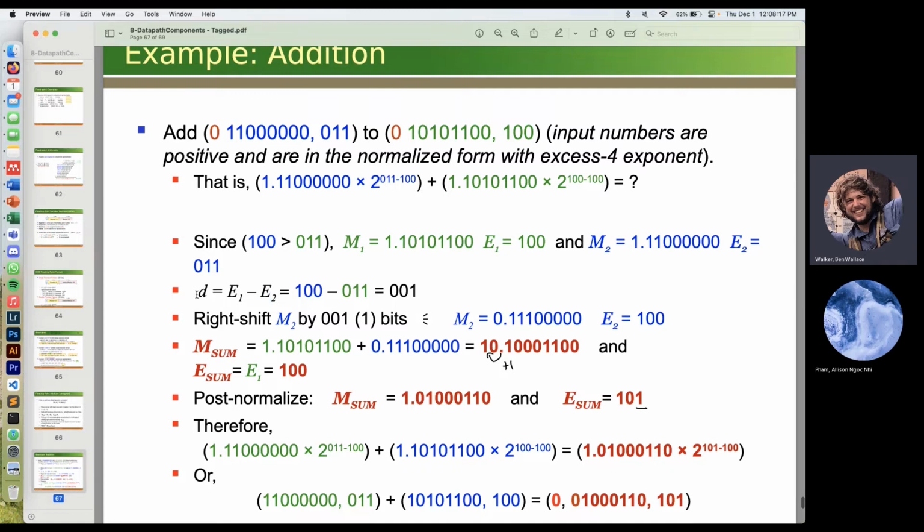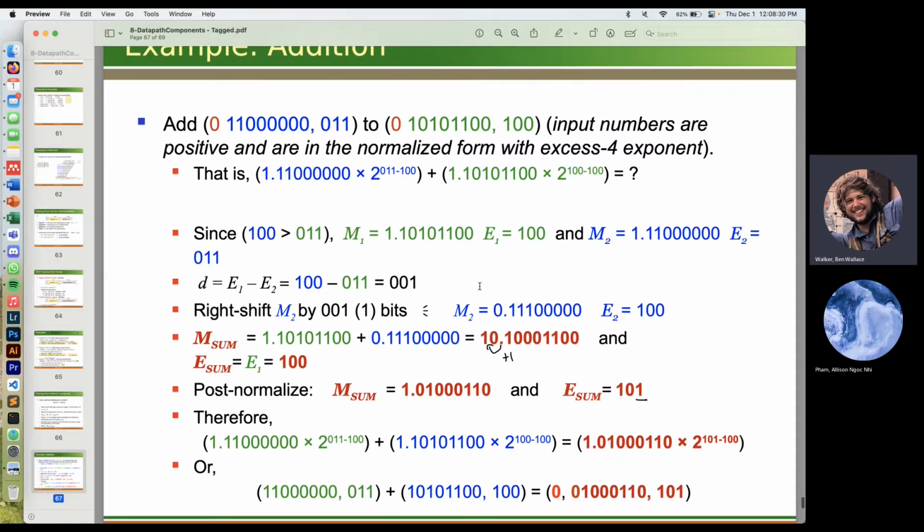If they have the same exponent, the difference is 0, they're already aligned. If one is bigger by 1 bit, we have to shift the bigger one 1 bit to the right to make up for it. And once we shift it, we can add the mantissas normally.